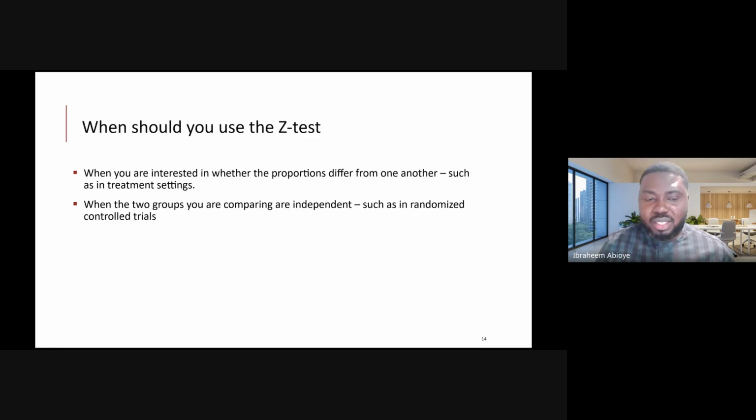You want to use the z-test when you're trying to figure out whether the proportions differ from one another and when the groups are independent. That's when you want to use the z-test.